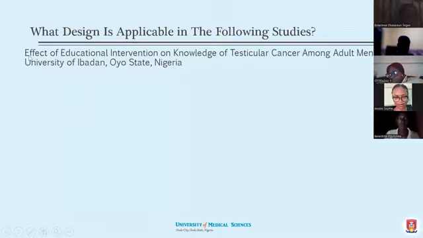This is going to be experimental. And for people who said quasi-experimental, they are correct. The answer here is quasi-experimental. So quasi-experimental is what we are going to apply in this kind of study.